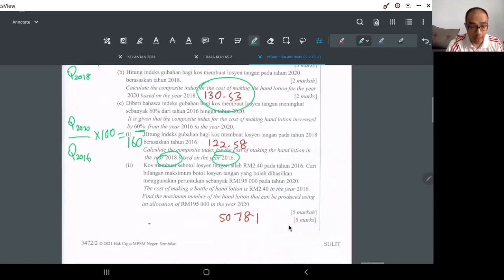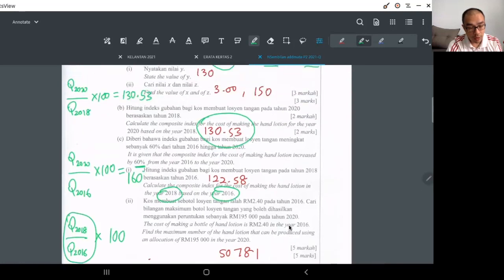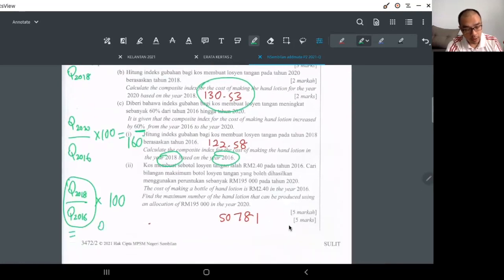Okay, so in order to have 2018 over 2016, okay, times 100 lah. Okay, equals to, okay, we need to change this. This has to be 2018 over 2020 times 2020 over 2016. Okay, then you times 100, correct?